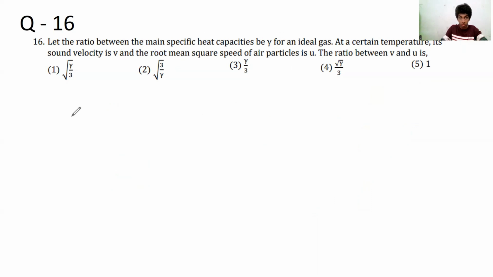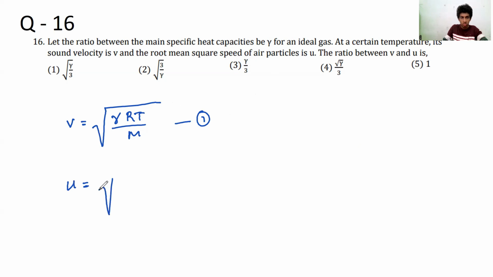So the equation for sound velocity v is root gamma RT over M. So that is the first equation. And the equation for root mean square speed of air particles u is root 3RT over M. That is the second equation.